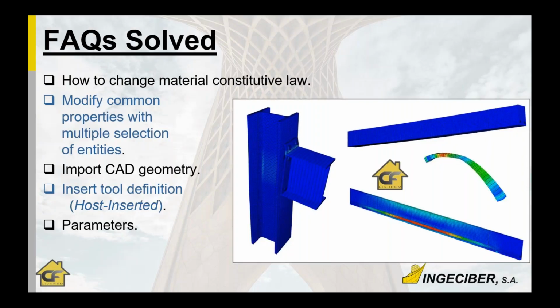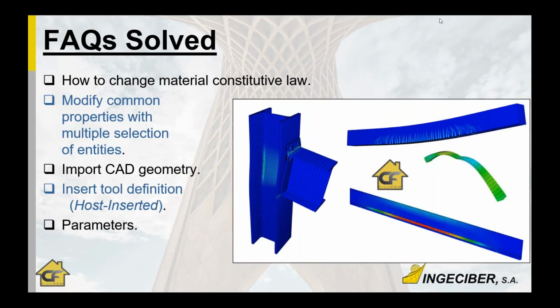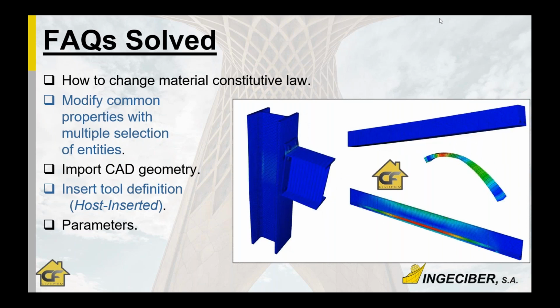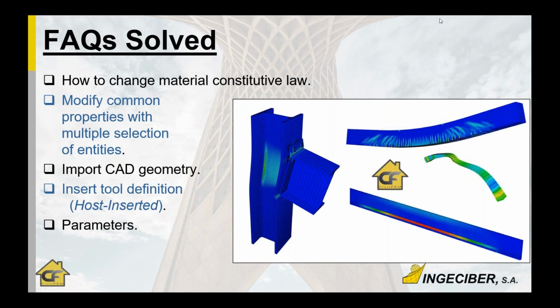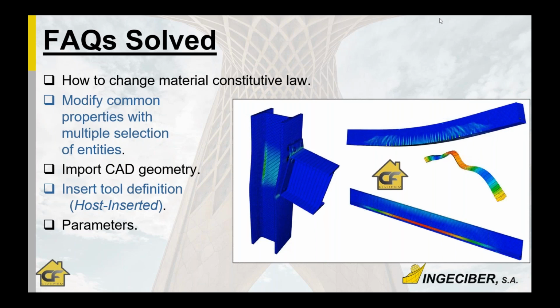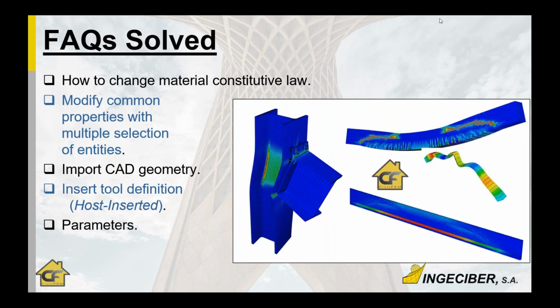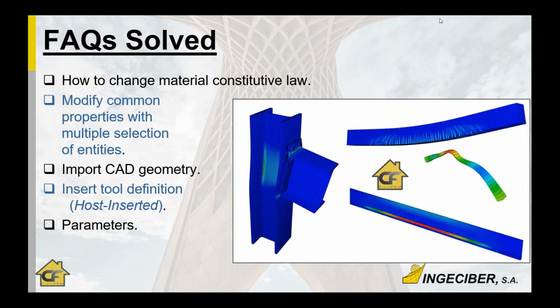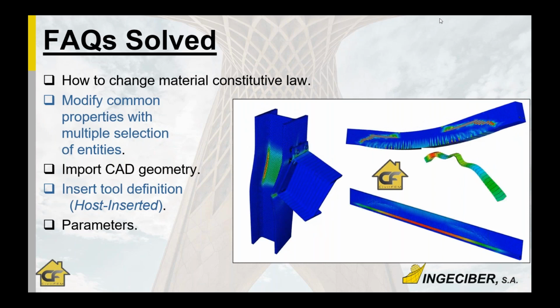So some of the questions that you sent us was how to change the material behavior. The default one is the linear behavior, but for the structural analysis, the analysis stress and strain diagram of the material.